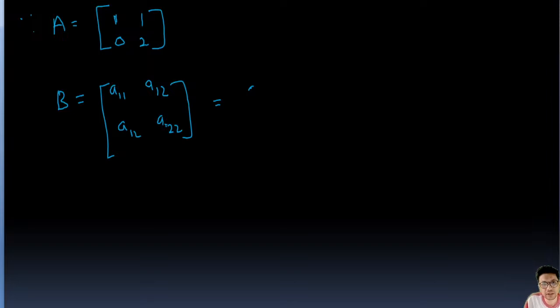I have already explained how to find the adjoint. So here I'm going to write like this. A11 is 2, since (-1) to the power 1+1 is plus, so plus 2. Now for A21, this row and column get cancelled, this is 0. This is the matrix of cofactors.